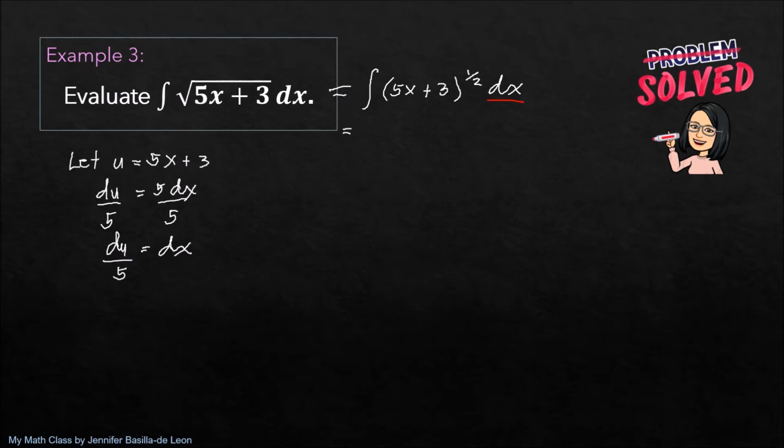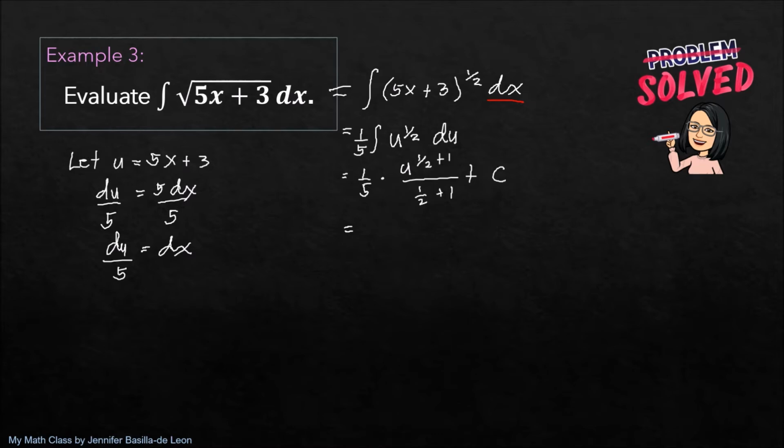So rewriting the problem in terms of u, we will have the antiderivative of u raised to 1/2 du times 1/5. Now applying the basic integration formula, we will have 1/5 times u raised to 1/2 plus 1 over 1/2 plus 1, and then the arbitrary constant c.